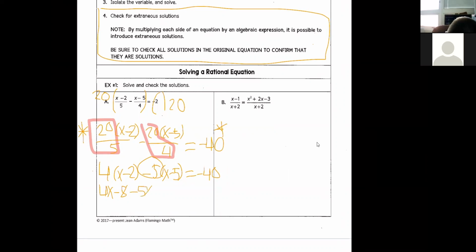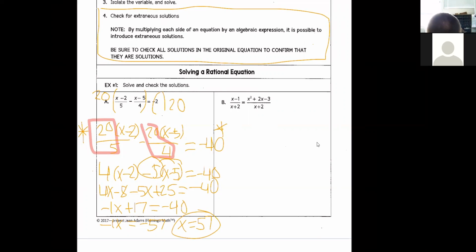So minus 5x, and negative 5 times negative 5 would be plus 25. Combine your like terms, so that would be negative 1x plus 17. Subtract that over, and you'll get negative 1x equals negative 57. Divide by negative 1, flip your sign, and you'd get 57. That's all said and done.